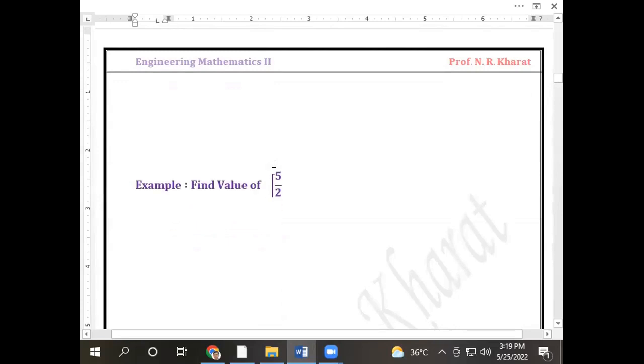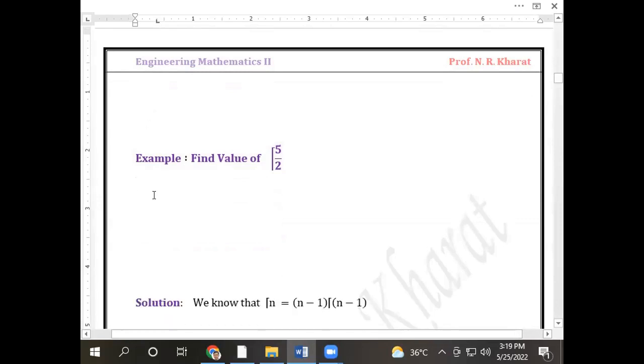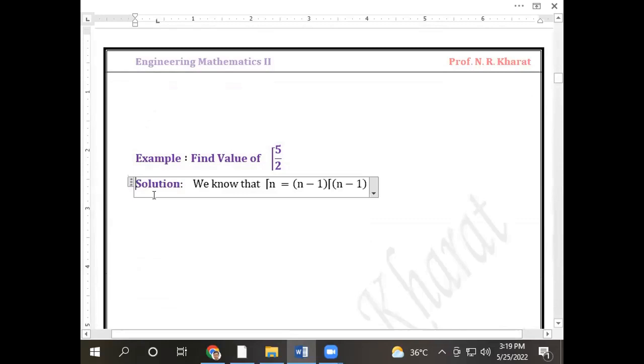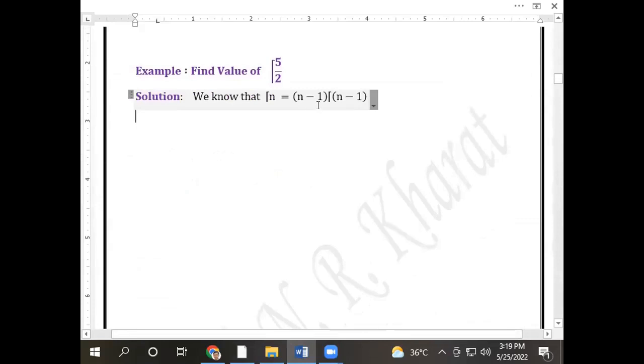Example number one: we have to find the value of gamma of 5/2. We already saw the property: gamma of n is equal to n minus 1 times gamma of n minus 1.